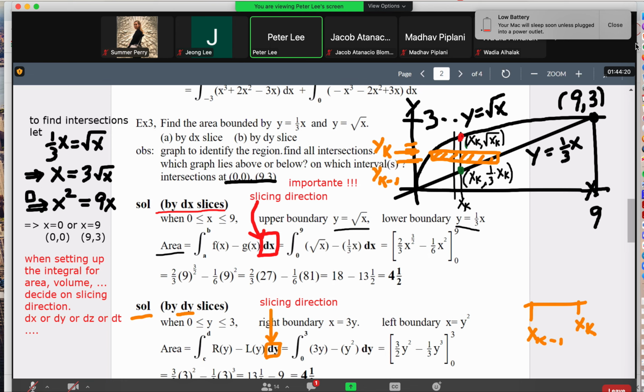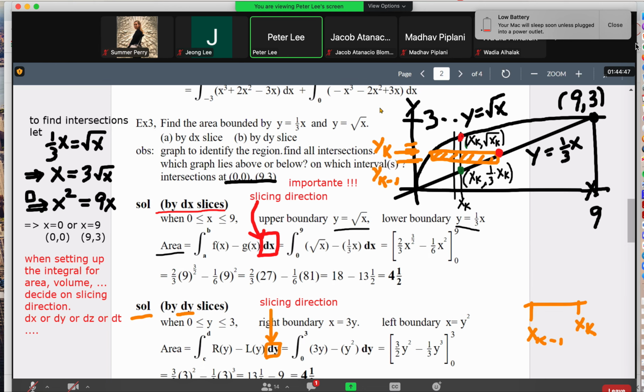So now let's look at this. When we slice in dy slices, we don't have the upper boundary or the lower boundary. What we do have is the point on this side. The point on this side is this point right here, and that's what I call the right boundary.